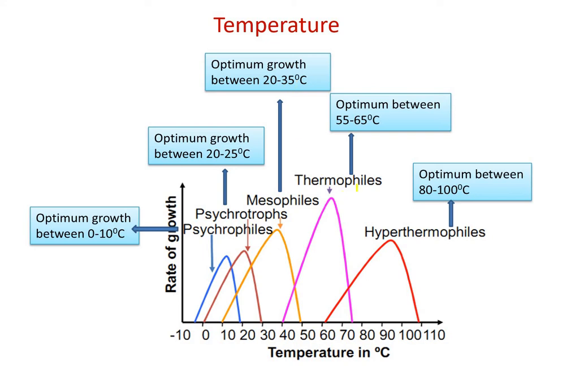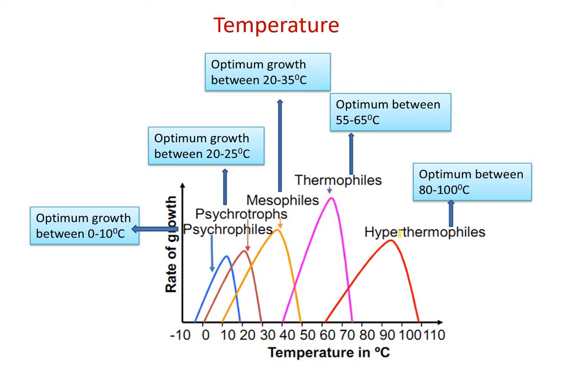Then come the thermophiles. Thermo itself tells us that they love high temperature. Thermophiles have optimum growth between 55 and 65 degrees centigrade, and here we can see the optimum growth takes place at 60 degrees centigrade.